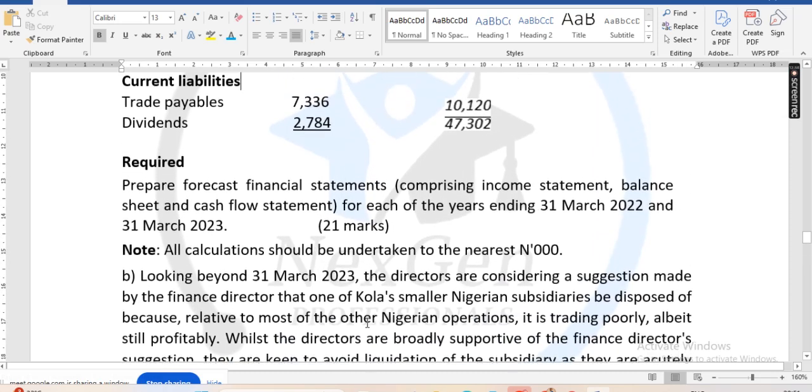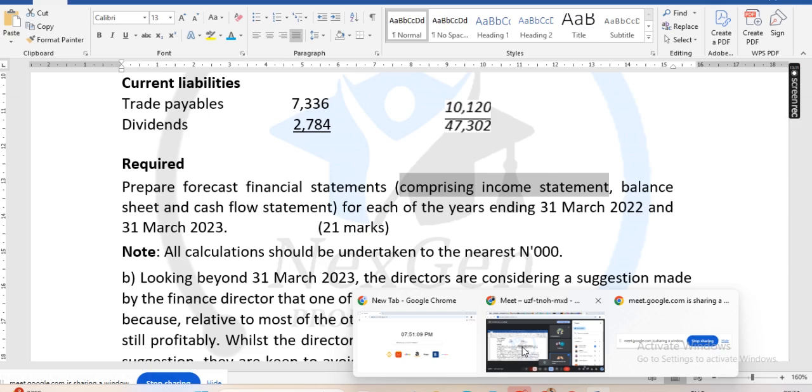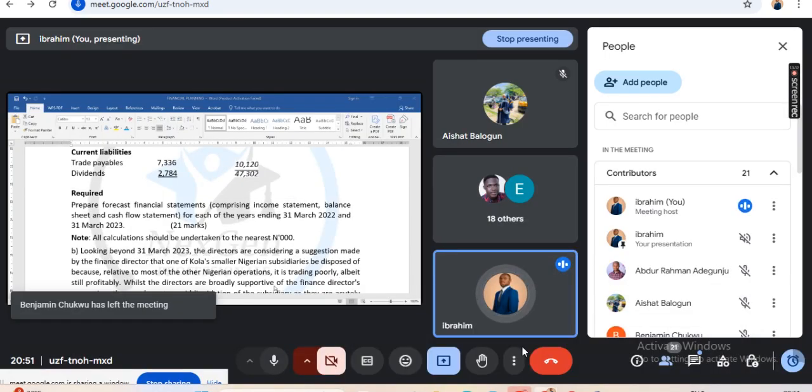Now, the first required, class, is to do what? The first required is to forecast the income statement.